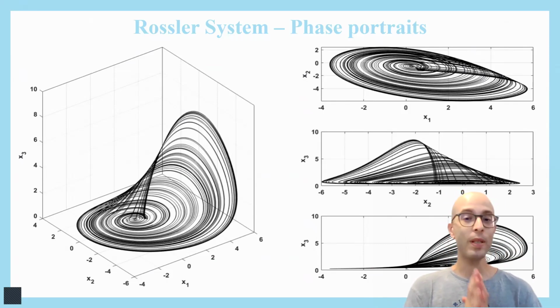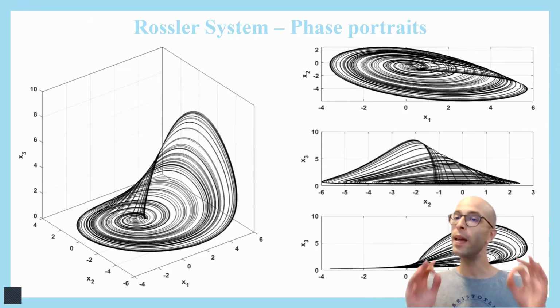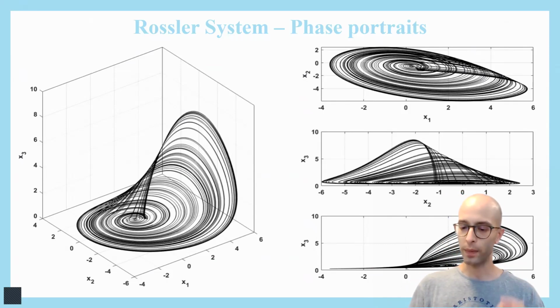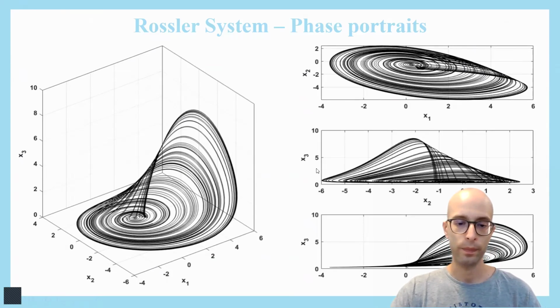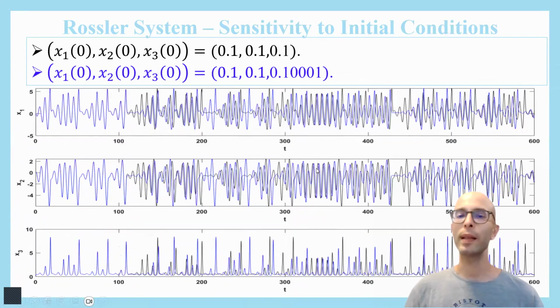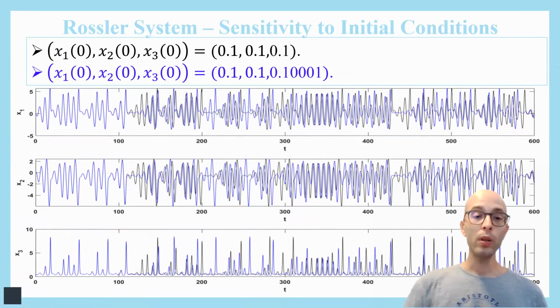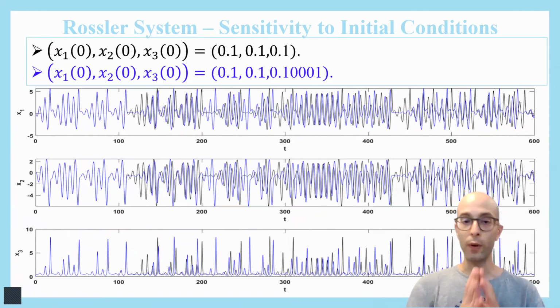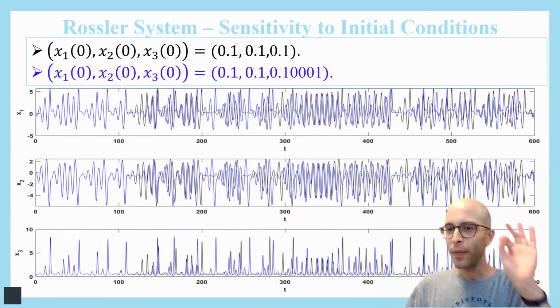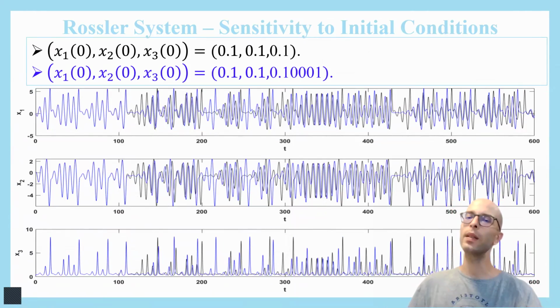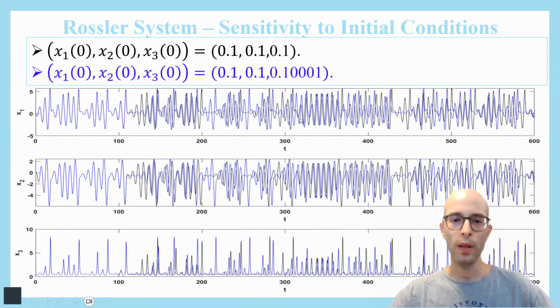Now that the system is chaotic, it also has a very nice property. What is this property? To understand this property, we need to simply plot two different solutions together. So what have I done here? I have plotted two solutions for two different initial conditions that are only very, very slightly different from one another. So these are the solutions right here.